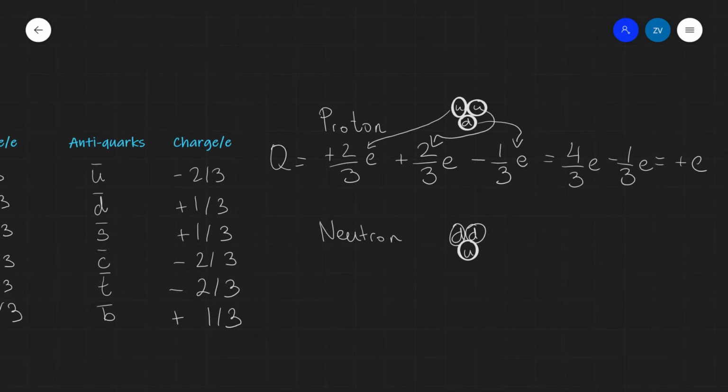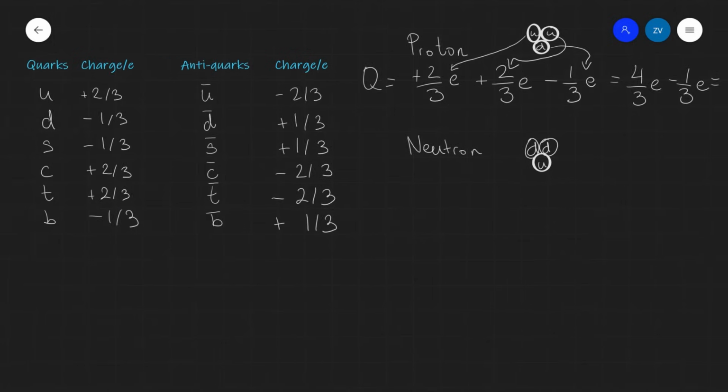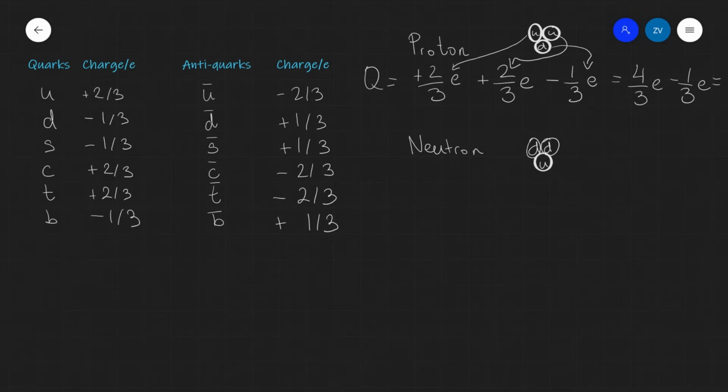A neutron, on the other hand, consists of two D's and a U, and we can see over here that the charge of the neutron will be, so a down quark has a charge of minus 1/3 E, so that's the charge of one down quark.